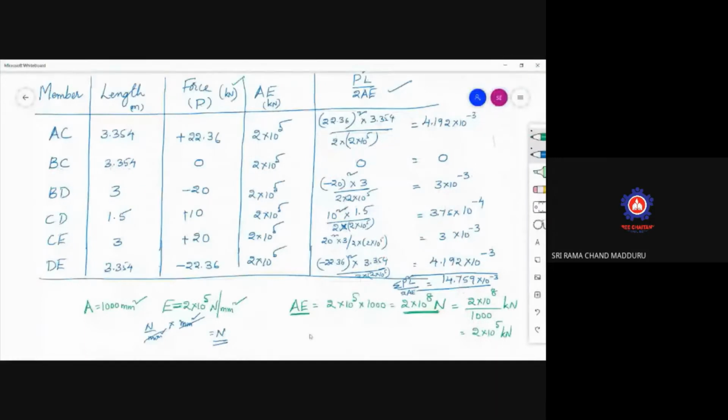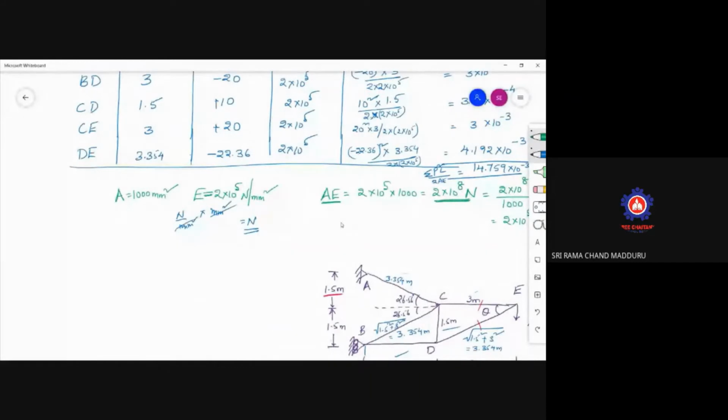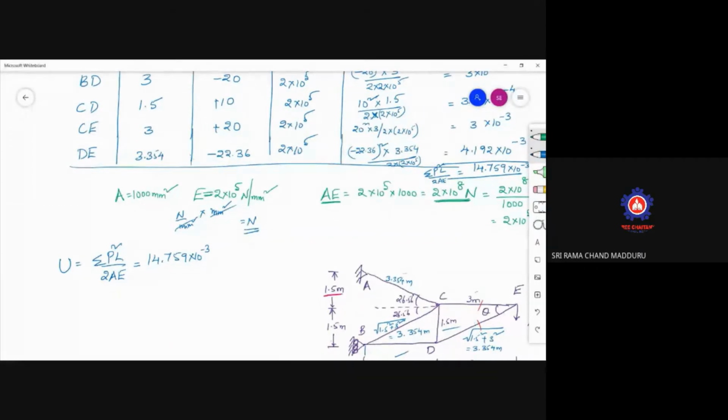Now, after getting this sigma P square L by 2AE, U is equal to 14.759 into 10 power minus 3. Just understand what the units for energy are.